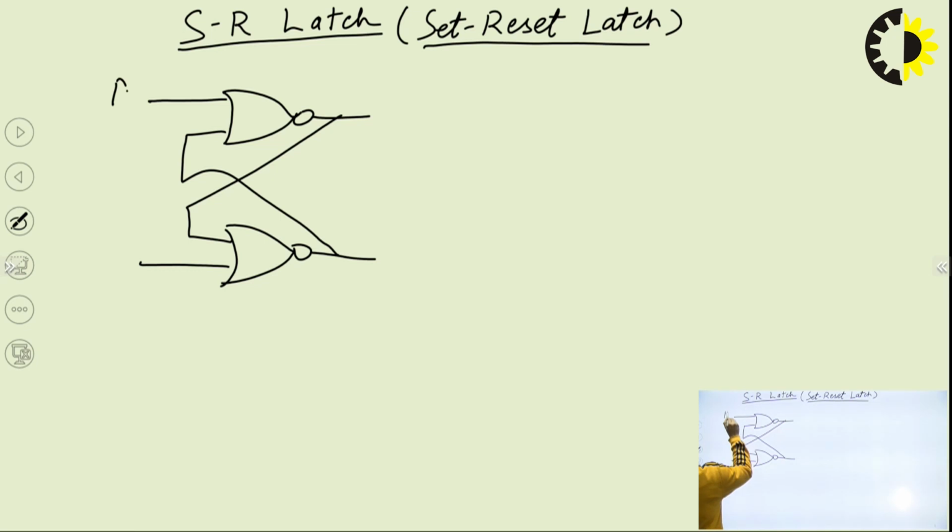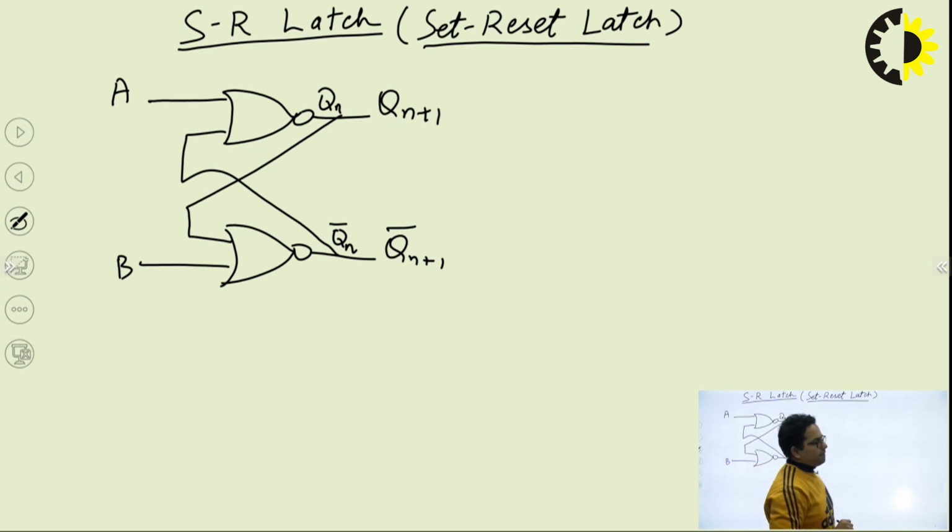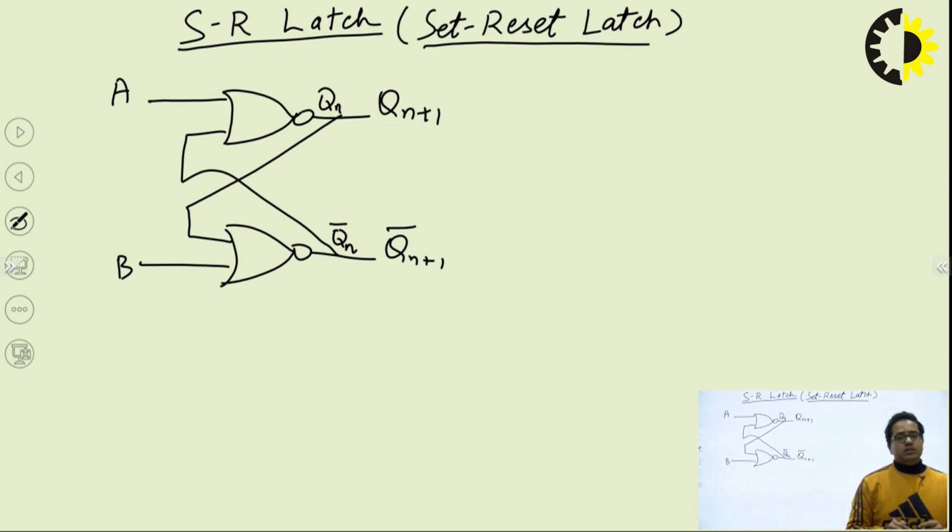I have inputs A and B, and my outputs Qn plus 1 and Qn plus 1 complement, and similarly my Qn and Qn complement. Now I have two inputs, and I have just assigned them the names A and B. Now, which terminal should I call set and which terminal should I call reset?